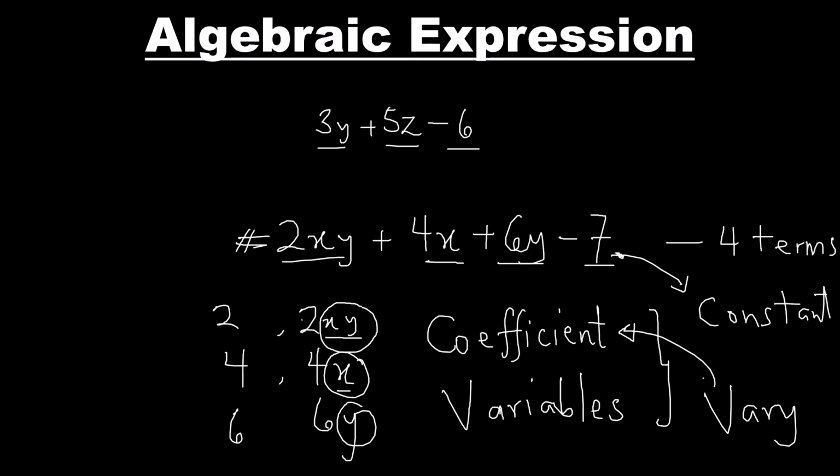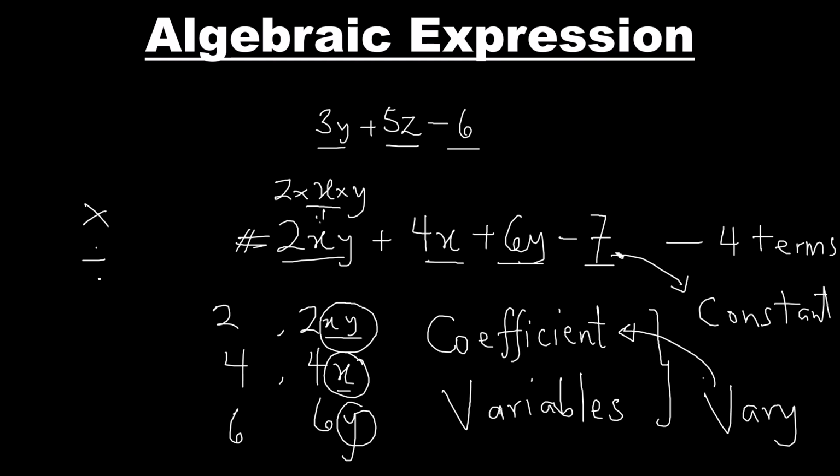Now, one interesting thing about algebraic expressions is that when writing them out, you would see that we have no multiplication sign or division sign in there. What it means is that this 2xy is actually 2 times x times y.